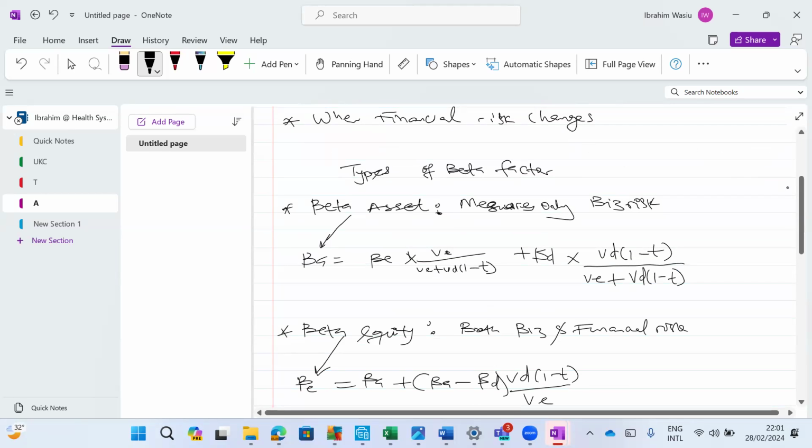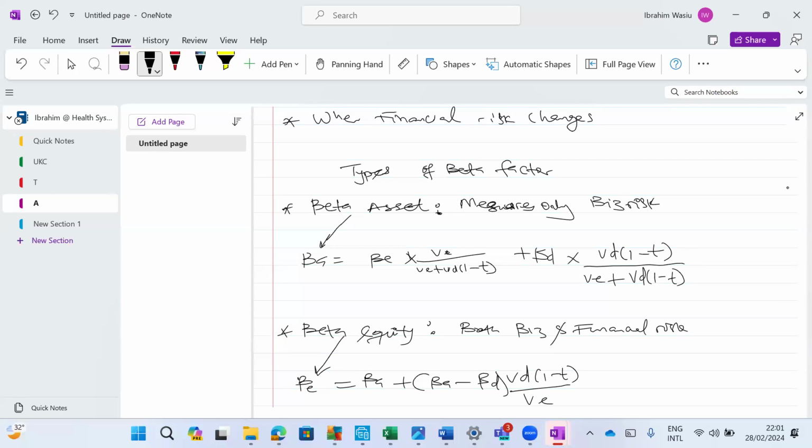Don't forget this. What's brought about this topic is that when the company wants to diversify into a different business, it's going to affect your business risk. As far as it's going to affect your business risk, you need to do what we call adjusted WACC. You know your WACC that you do: value of equity, cost of equity, value of debt, cost of debt, then you do the average, you get your WACC.